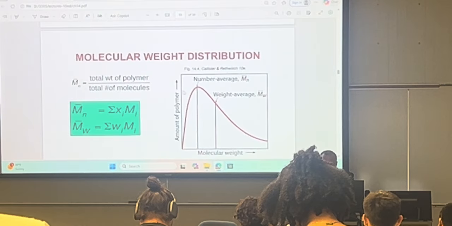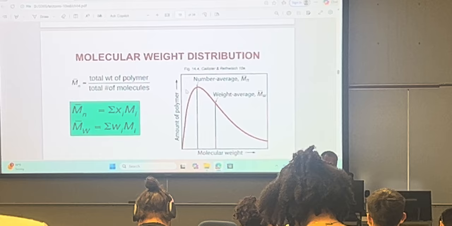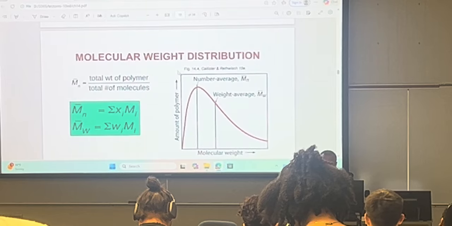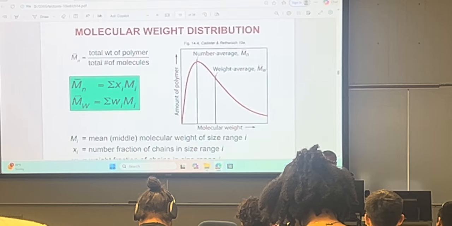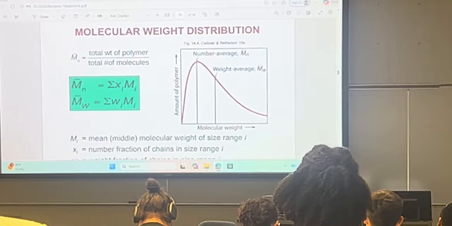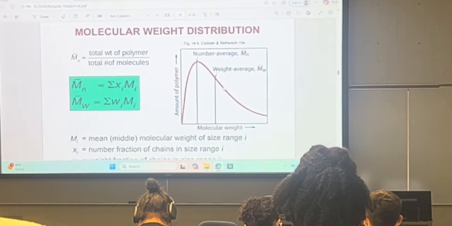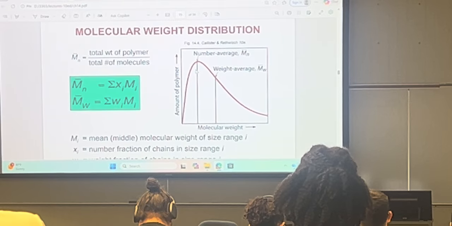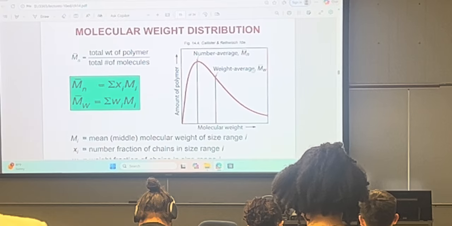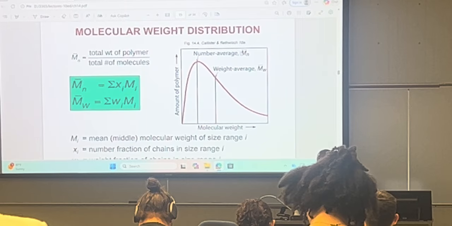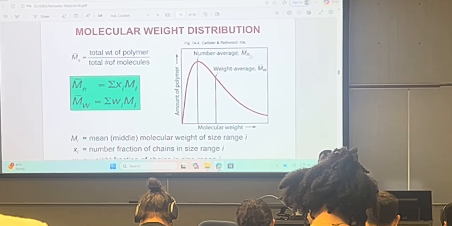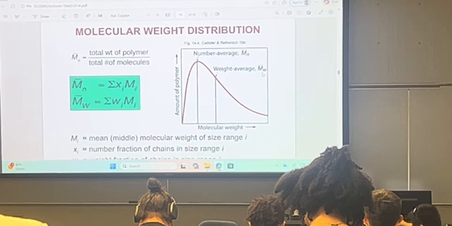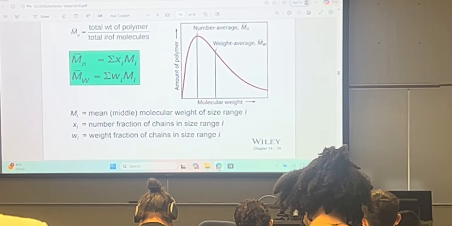So let's talk about statistics a little bit. The molecular weight distribution is represented here. This is the amount of polymer versus molecular weight. So you're going to have some distribution. And then there are two parameters that we want to look at. One is the number average, and the other one is weight average. The bar above M means average, N stands for the number, and W stands for the weight, and here's the formula.